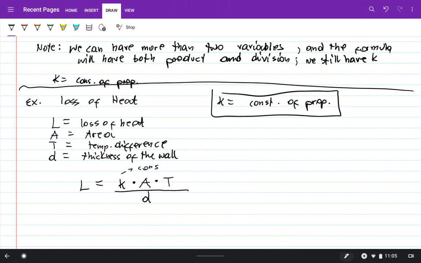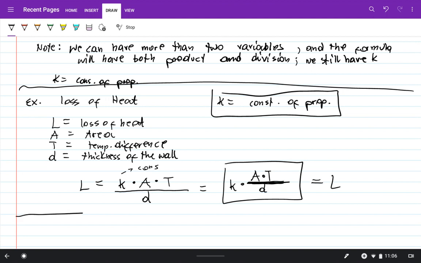You can rewrite that as K, moving that constant in front of everything, AT, that's the joint variation between area and the difference of temperature, and since it varies inversely, I put the fraction bar with the thickness of the wall. So that's the formula for loss of heat.